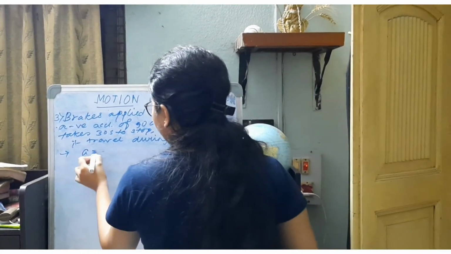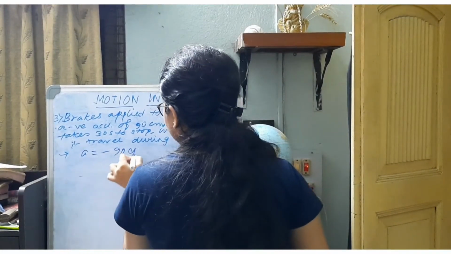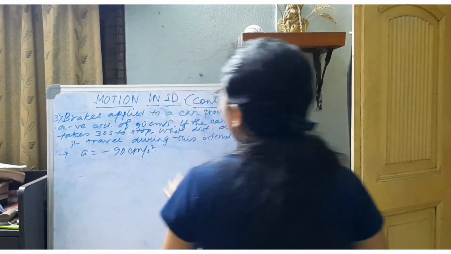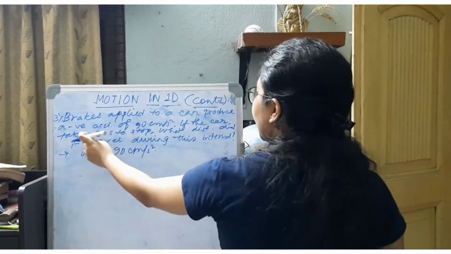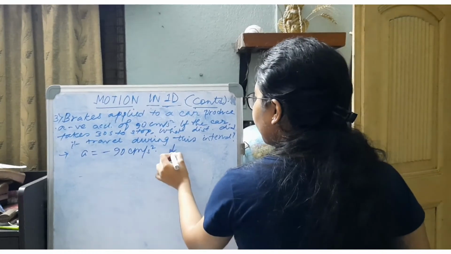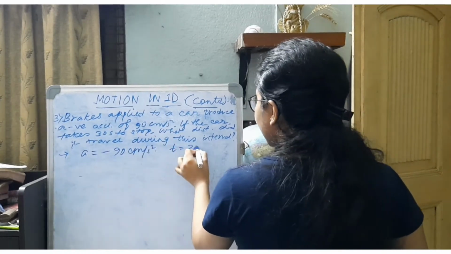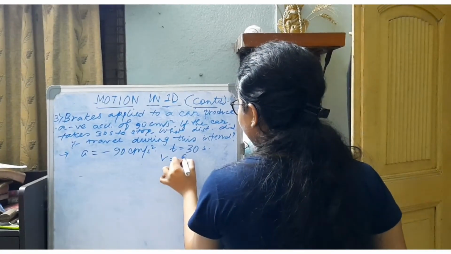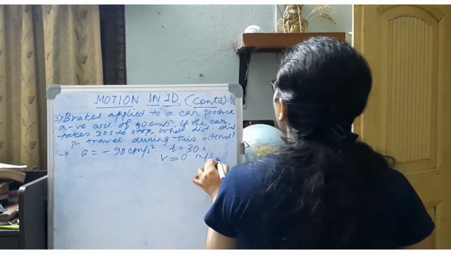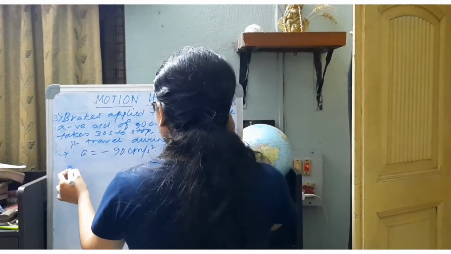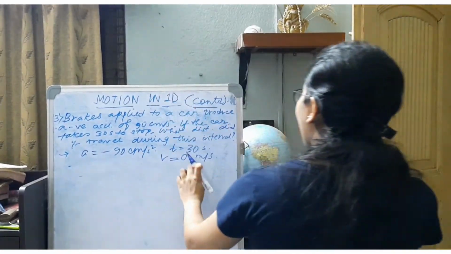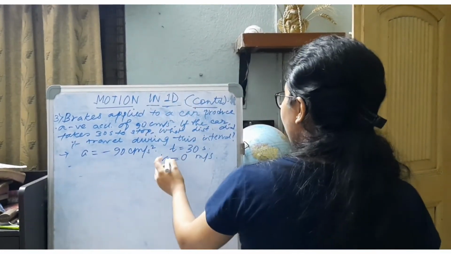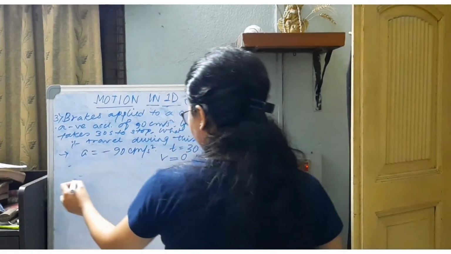So as per the given part, it is minus 90 centimeter per second square is the acceleration, that is the retardation here, and then the time period is given as 30 seconds, and because it is stopping after a certain time interval, I can consider that final velocity becomes 0. So if I first of all go for applying the first equation of motion, because I can see that v, t and a are given.